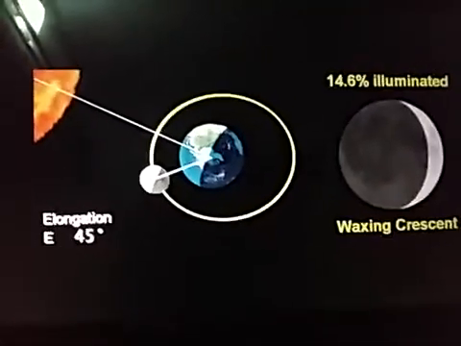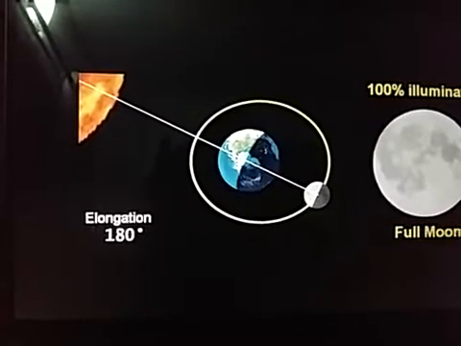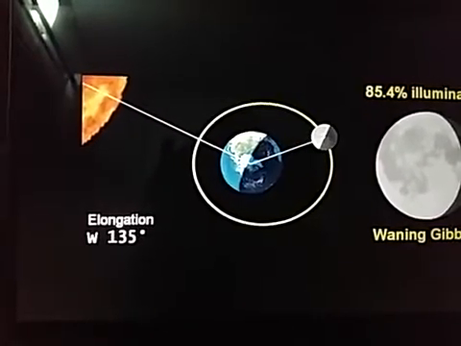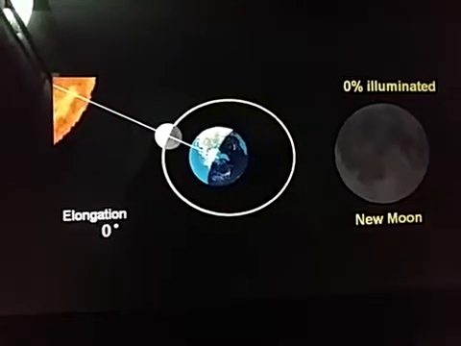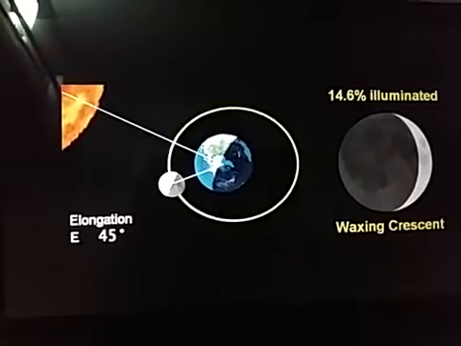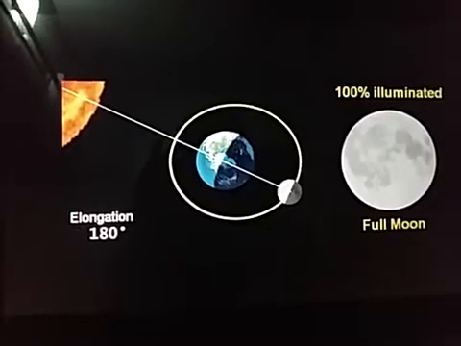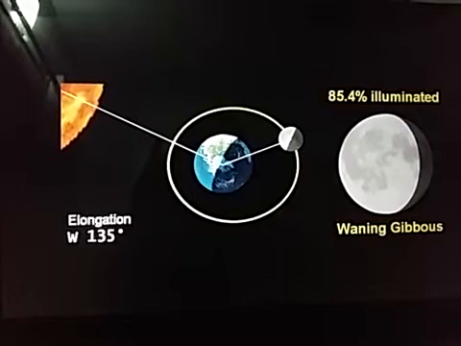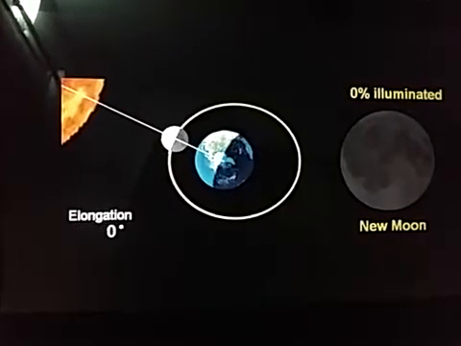In this slide, you can see the moon moving around the earth, and depending on the position of the moon, we can see only fractions of the illuminated surface. Now, can you see? We'll start. Just wait a minute. At this stage, can you see the new moon?